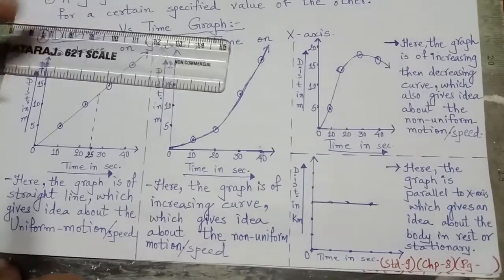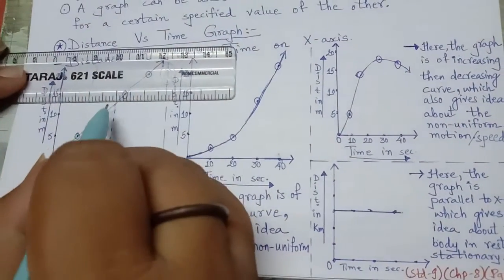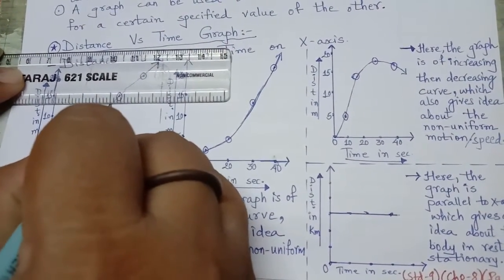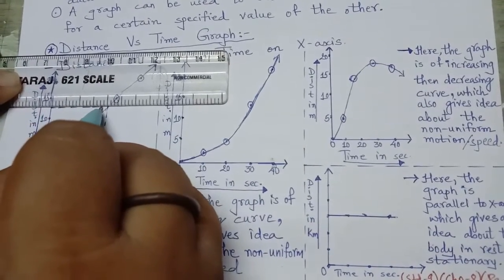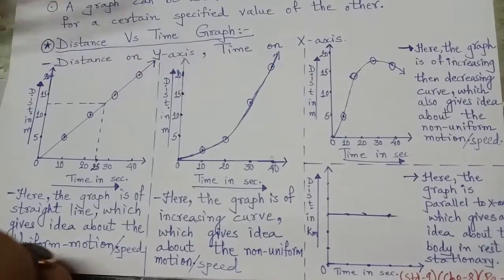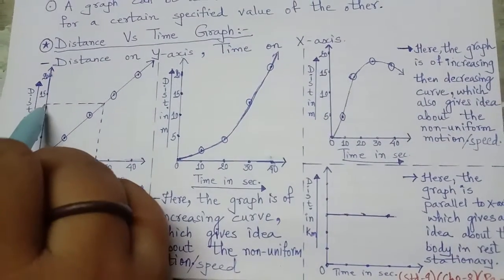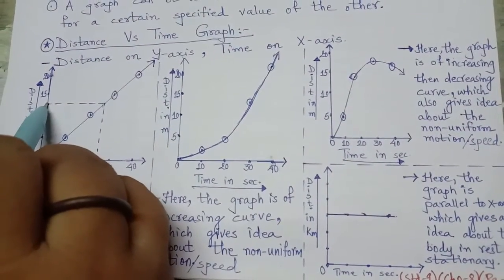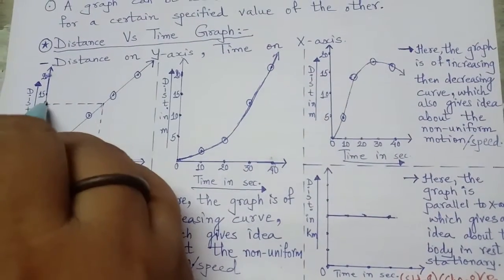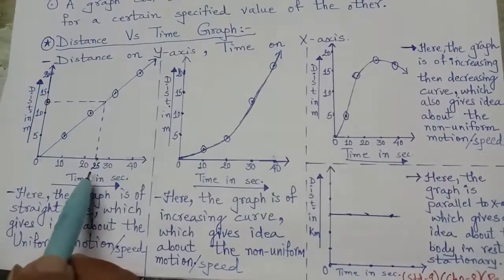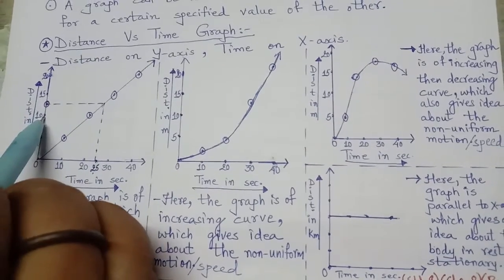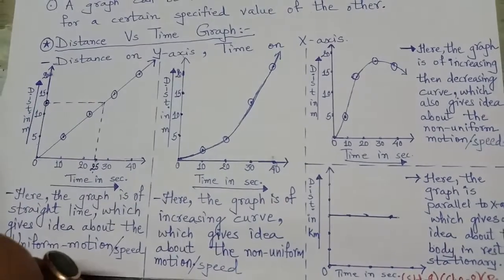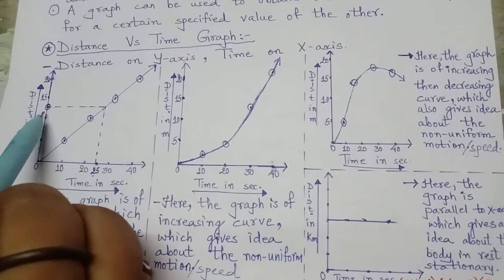Now, from the point where the line is intersecting, we make one perforated line like this, which is parallel to the x-axis and coincides with the y-axis. This gives us the idea that at 25 seconds, the object is between 10 to 15 meter.